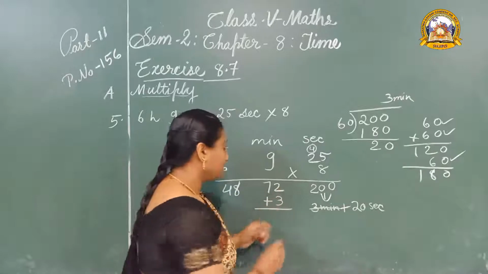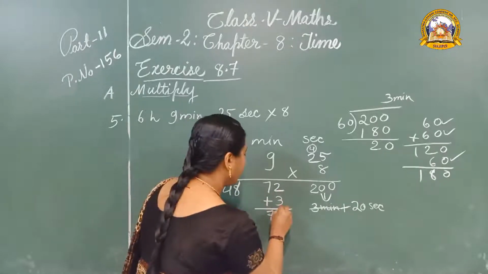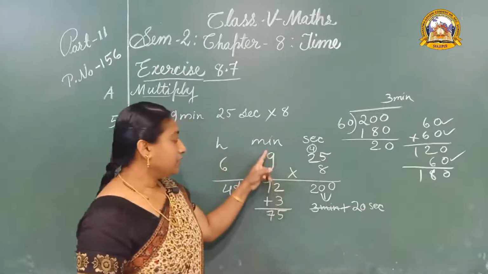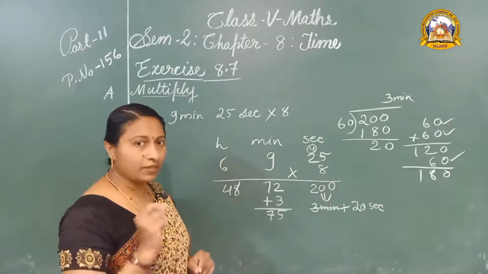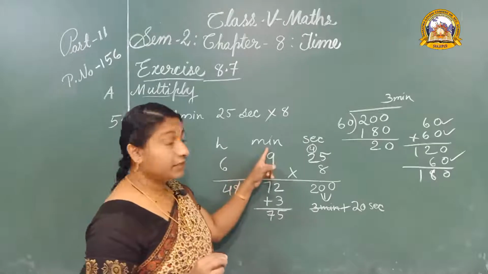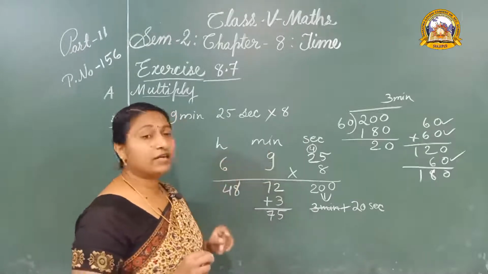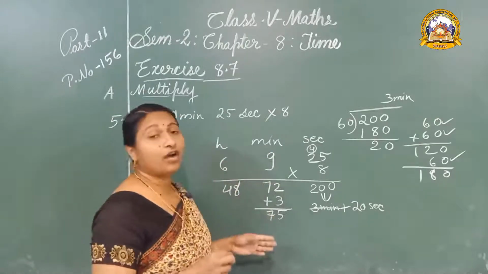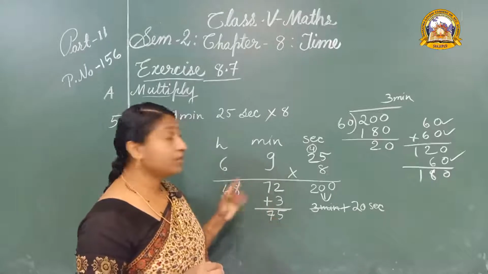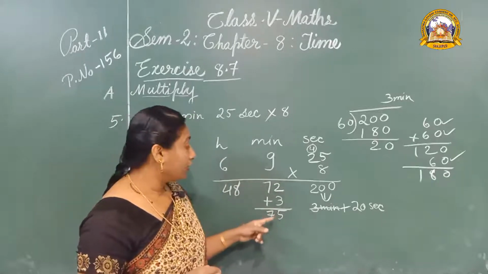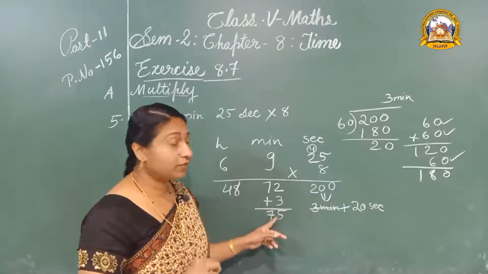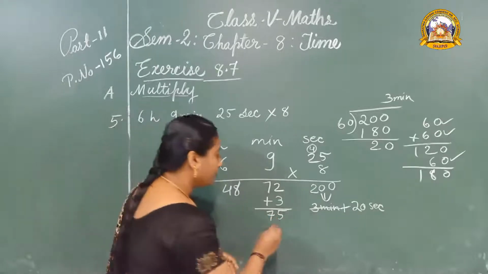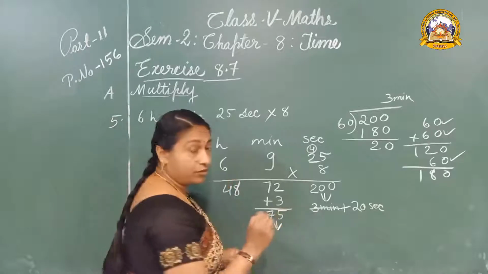Now total 75 minutes. Then check the relationship between minutes and hours. 60 minutes is equal to 1 hour. So again we have to divide this number by 60. Okay, it is greater than 60, no? How many times? Yes, we know that only one time. Do you have any doubt?